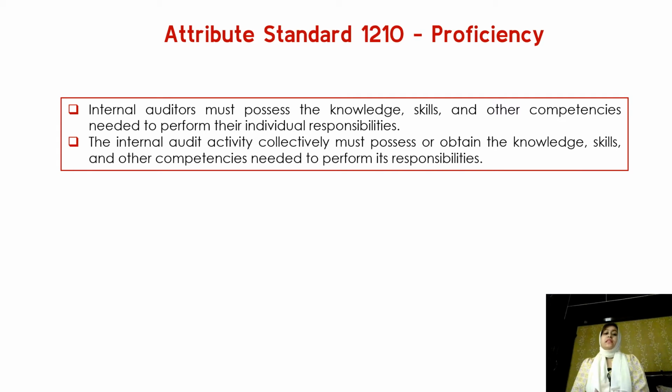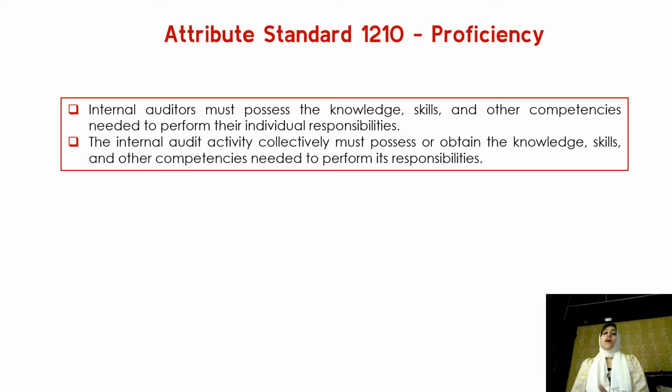Also, this knowledge, skill and competency is required on a collective basis for the internal audit department. That means not all auditors need to be experts in all areas. Rather, the cumulative knowledge, skills, and competencies are required for the internal audit department.